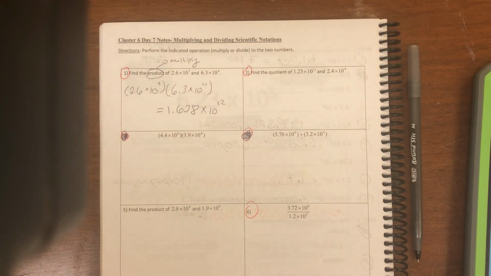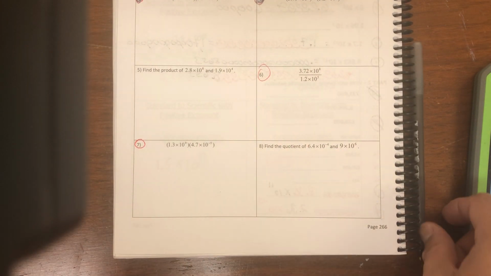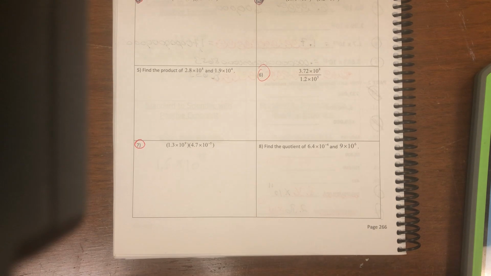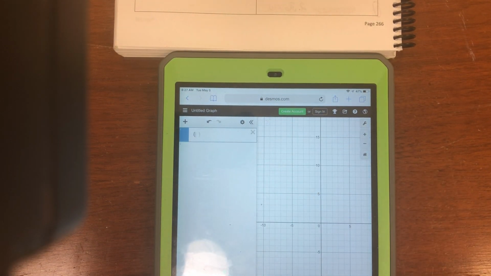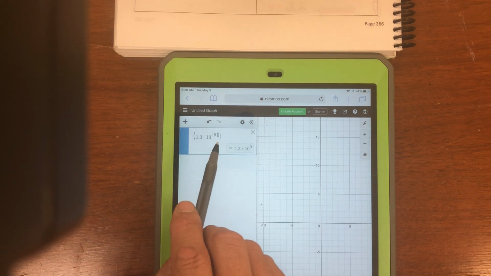Let's move on to the next problem. Number 7, this one is saying simplify that. And if you notice, this is multiplication. So let's go ahead and type that in. So parentheses, 1.3 times 10 to the power of 9. See, this is what I was talking about.